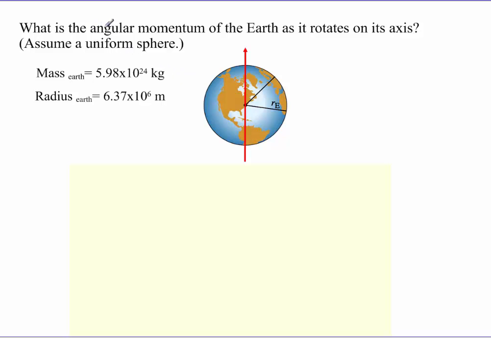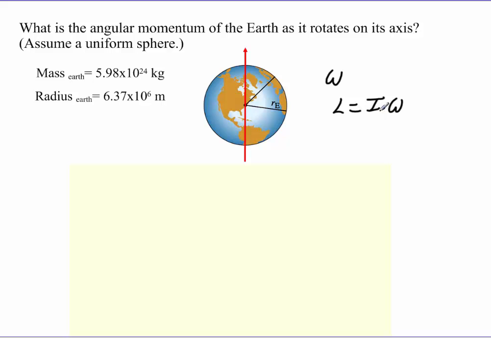Like this one: what is the angular momentum of the Earth as it rotates on its axis? All you would have to do on this one is find out what omega is based upon the 24 hours, correct? The Earth rotates once in 24 hours. Treat it as a solid sphere, and just use L equals I times angular velocity.